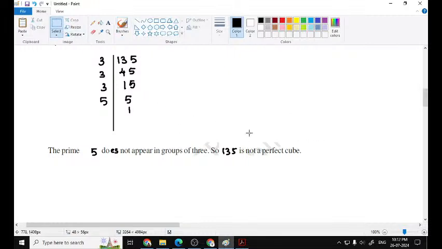Now we must divide 135 by 5 because this 5 is not forming a group of 3. So 135 is equal to 3 into 3 into 3 into 5. To cancel this 5 we divide both sides by 5.